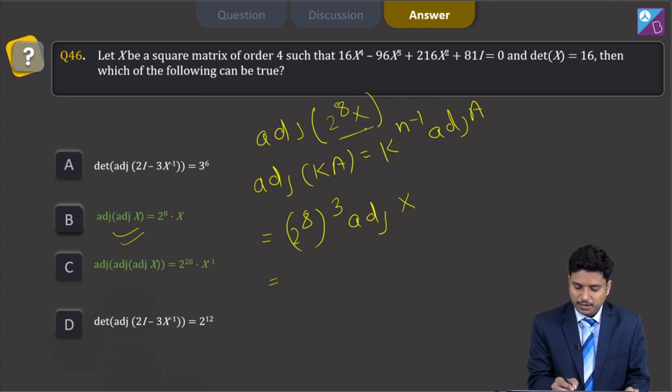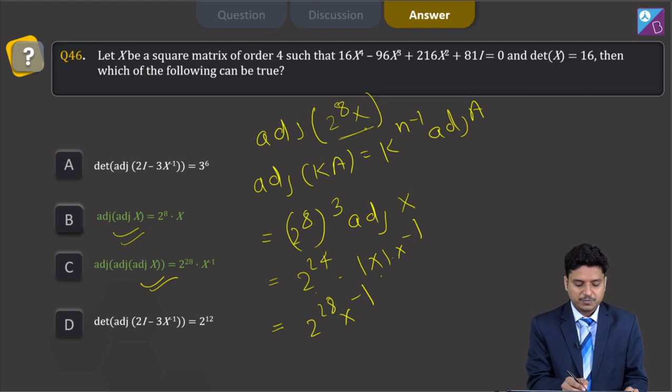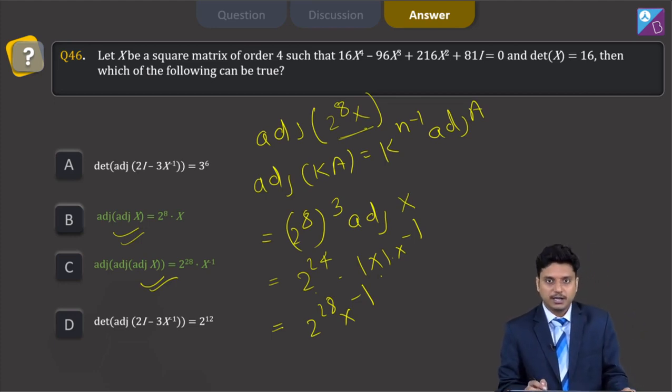So 2 raised to power 24 will be there, and adjoint of x can be written again as determinant of x into x inverse. So this will be 2 raised to power 24. Determinant x is again 2 raised to power 4. So this is 2 raised to power 28 into x inverse, which is present in option C. So options B and C, these two are the correct ones.